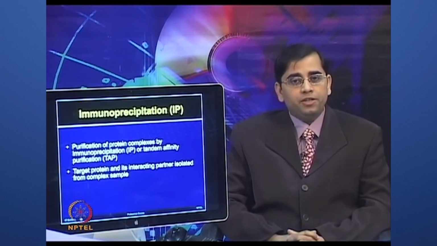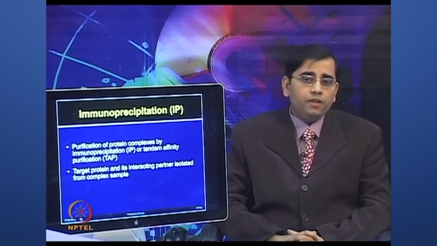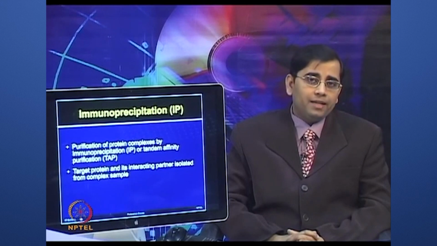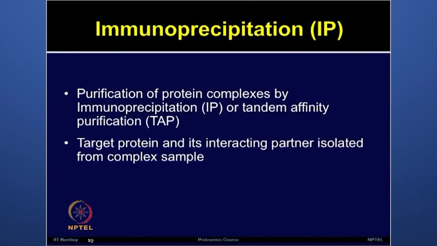The target protein and its interacting partners are isolated from a given complex sample, and then by using different types of tags, these proteins can be isolated from the mixture and then further processed, which I will describe in the next slide.